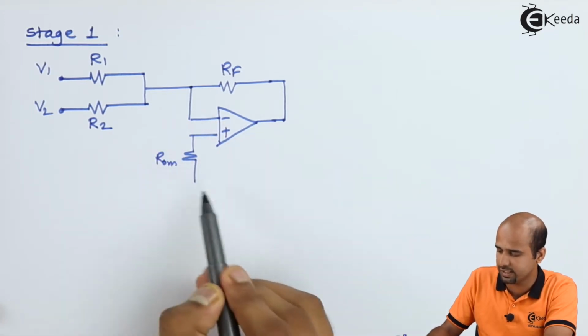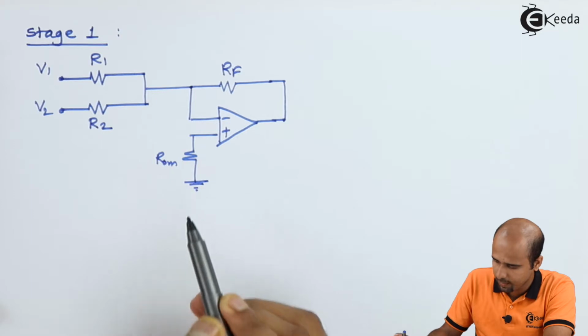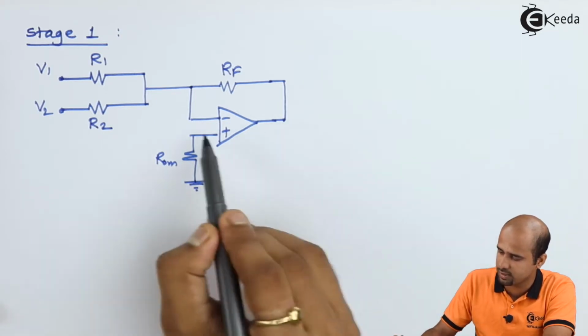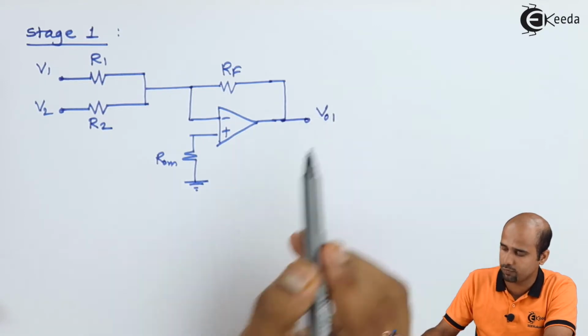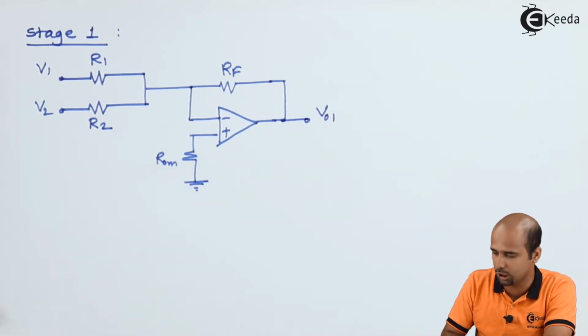Here I am treating this as ROM. We don't have to deal with this particular resistance right now for mathematical purposes, and we will calculate the value of VO1. This is your inverting configuration.